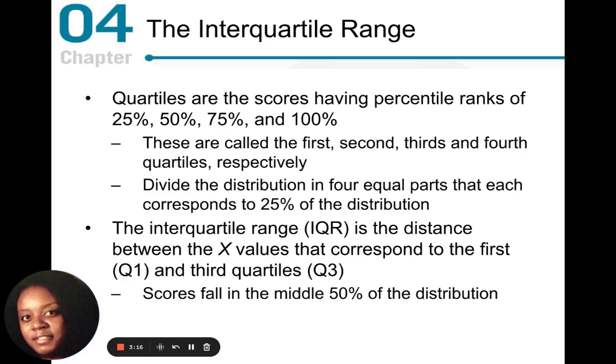When we have interquartile ranges, we're going to look at that as IQR, and it's the distance between the X values that correspond to the first quartile and the third quartile. Scores should fall in the middle 50% of the distribution.